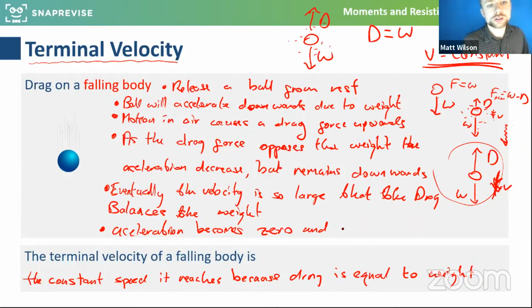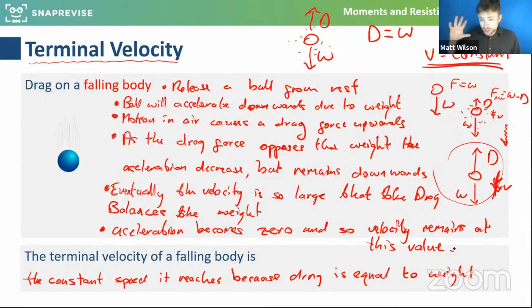And so velocity remains at this value. So once we reach the velocity where the drag balances the weight, well, the acceleration is 0, so we're not accelerating anymore. So the velocity is going to stay at that same velocity, and the drag will balance the weight forever and will stay at that same velocity forever until eventually this ball goes along and hits the ground or something.